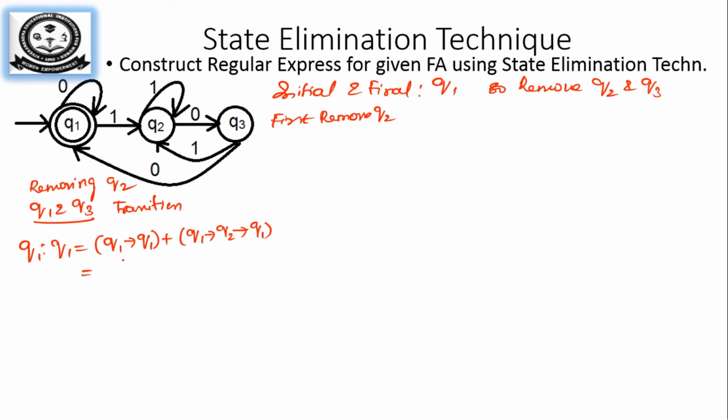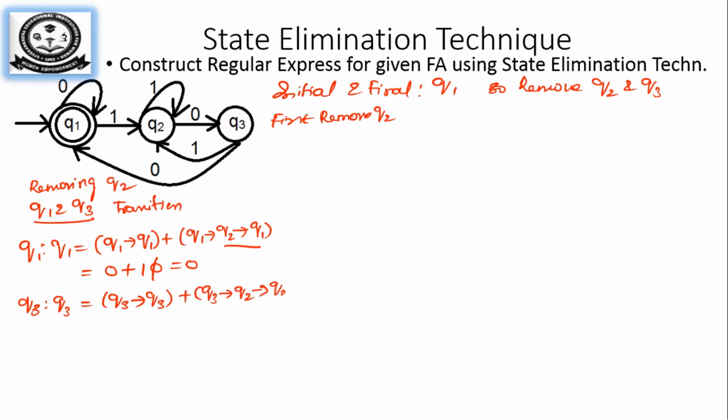So Q1 to Q1, a self transition we have, which is going to be 0, plus Q1 to Q2, we have a transition 1, but we don't have a transition from Q2 to Q1. So it is going to be empty, so you have only 0 here. So next one is the self transition for Q3. We will check. So it is going to be Q3 to Q3 plus Q3 via Q2.